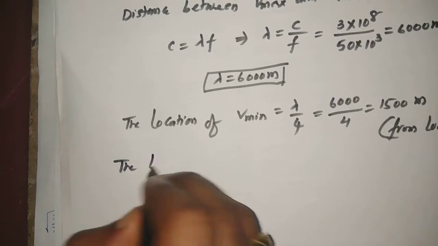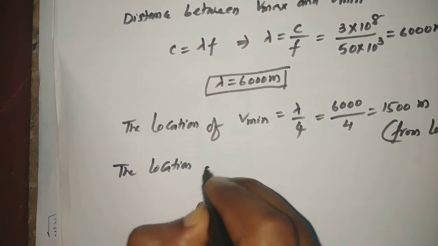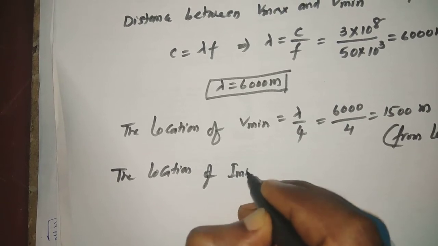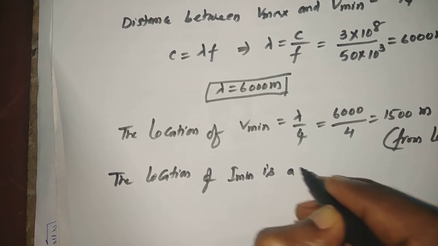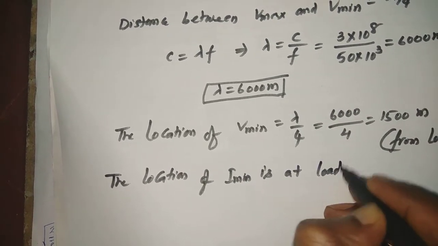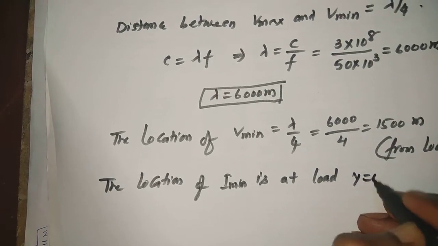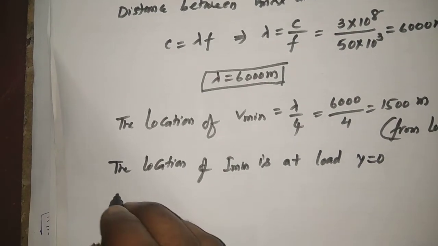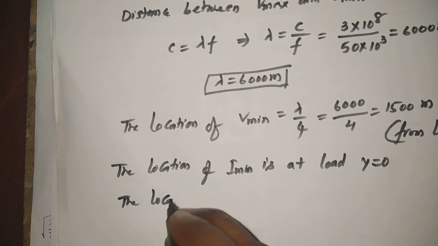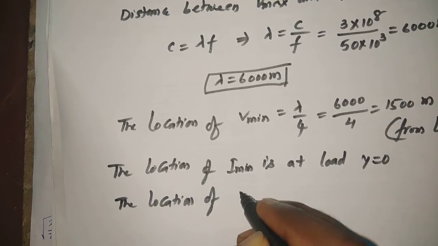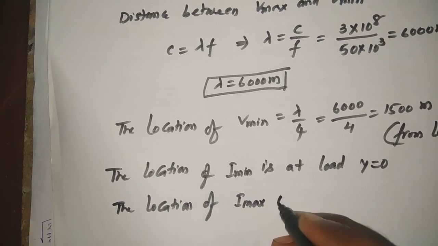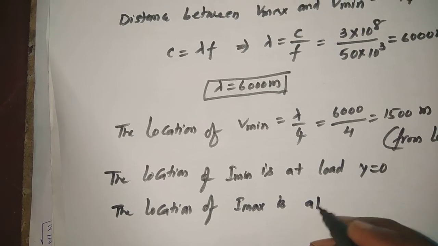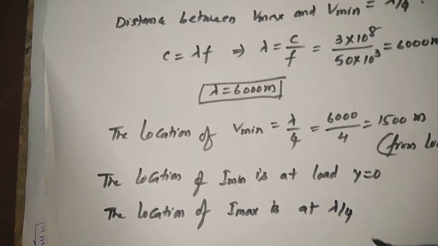So the location of I minima is at the load, y equals 0, and the location of I maxima is at lambda by 4 distance.